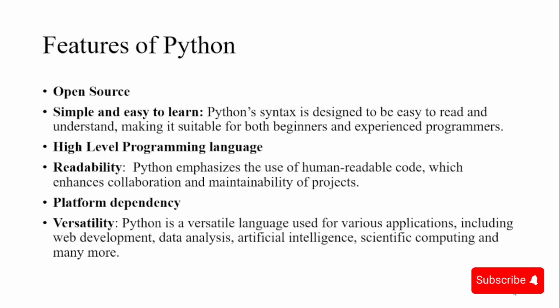So we have different characteristics, or features, of Python. Number one, we are told Python is open source. When I say open source, we mean we can use this language without any license.